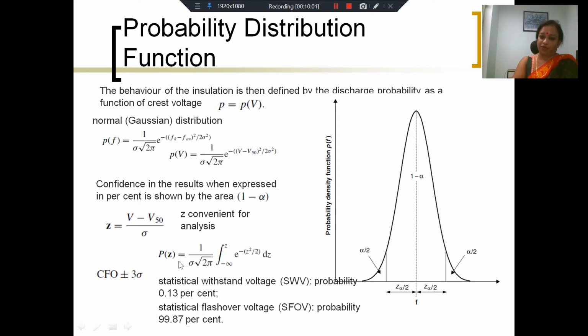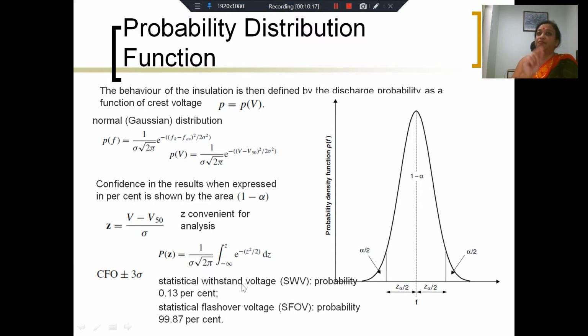It is 0.13%. Similarly, we can talk about a statistical flashover voltage or a statistical disruptive discharge voltage, which is the voltage for which the probability of failure is 99.87%.